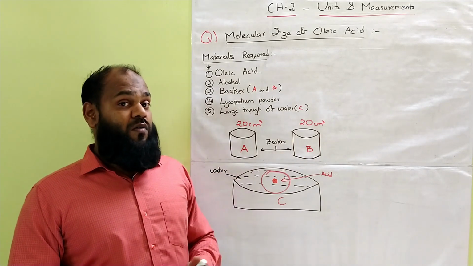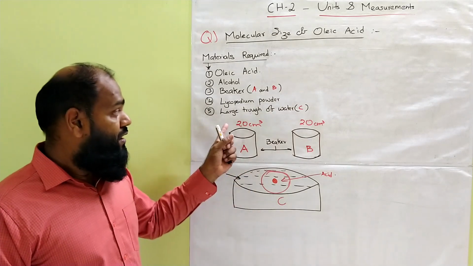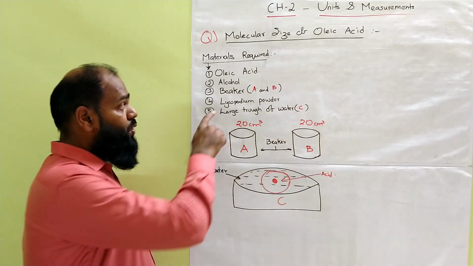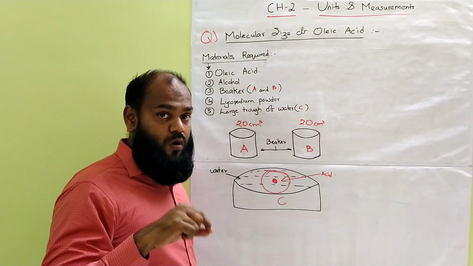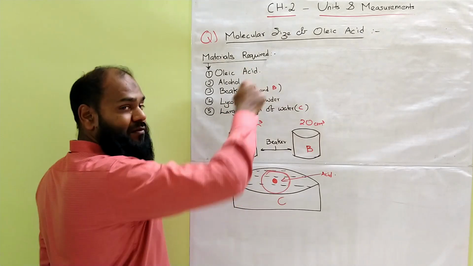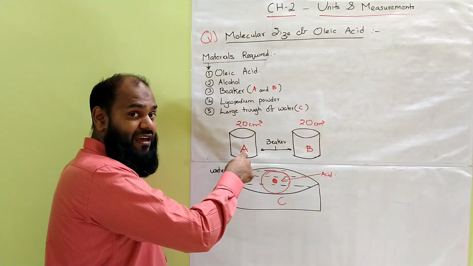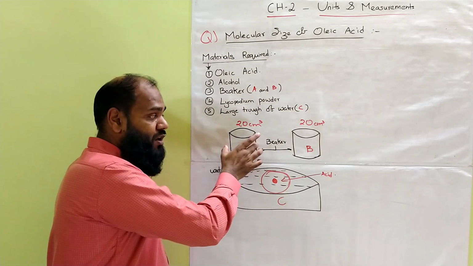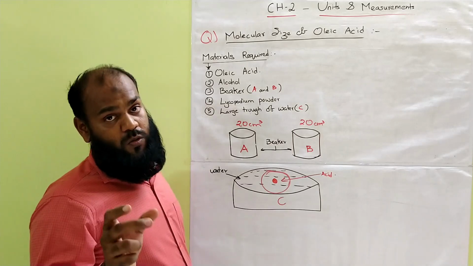Now let's find out how to perform the experiment, or how to find out the thickness of the oleic acid. It is pretty simple. You take 1 centimeter cube, a small volume, a drop of oleic acid, and drop it into beaker A, which contains alcohol, and the capacity of the beaker is 20 centimeter cube.